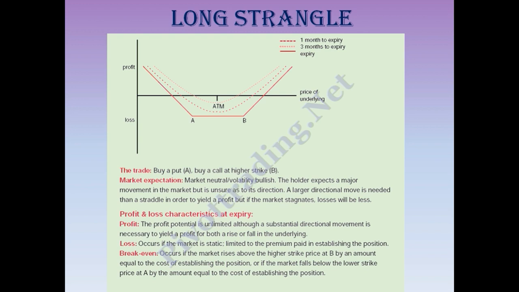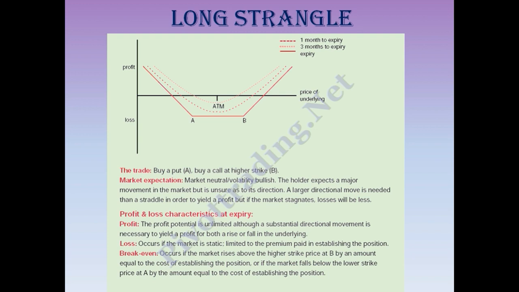And where do your break even points come? The break even point will come when Nifty moves more than 100 rupees above point B, that is 9600. Because you have bought a call of 9600 at a premium of 50, plus you have bought 9400 at a premium of another 50, so total investment is 100.